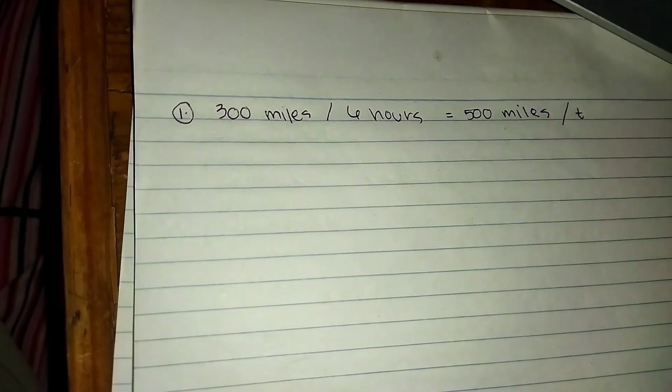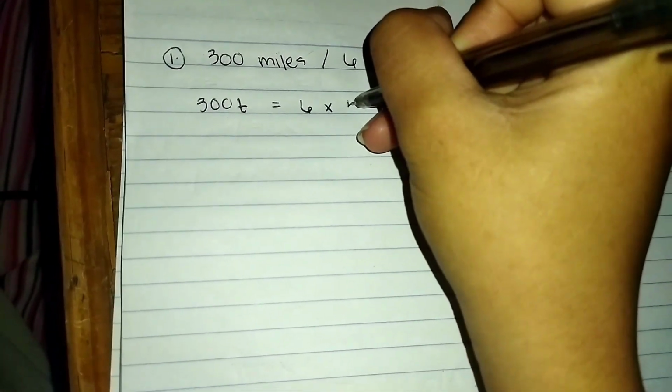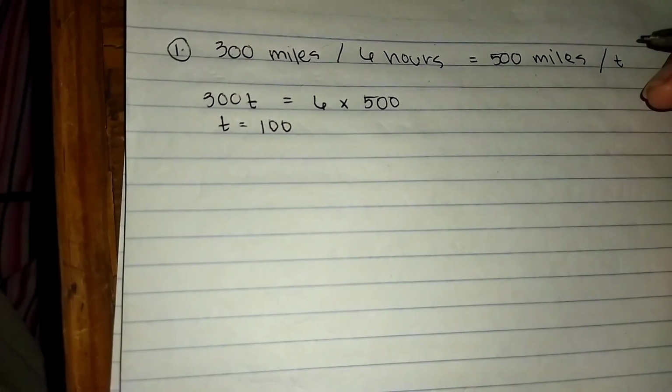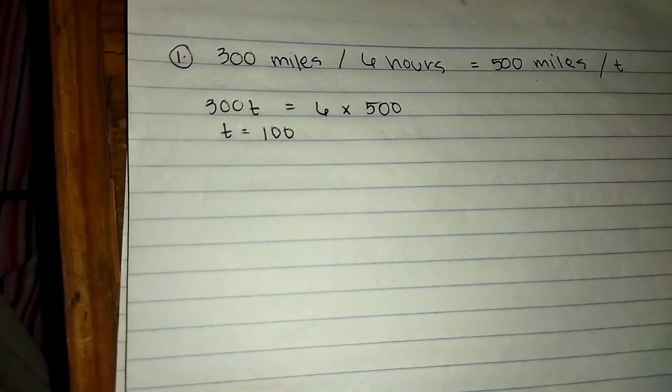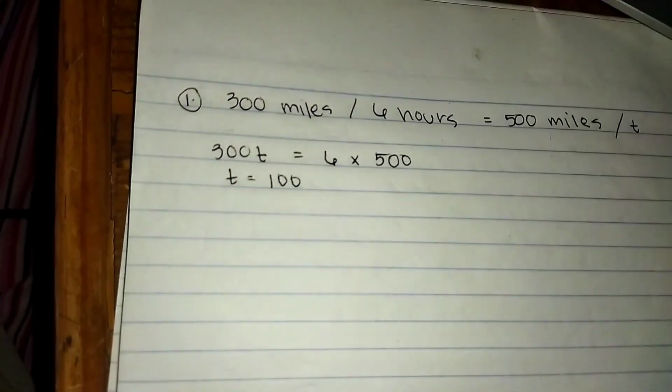So we're going to cross multiply, so we get 300t is equal to 6 times 500. So our t is going to be 100. Therefore, it will take 100 hours to travel the distance of 500 miles at the same speed.